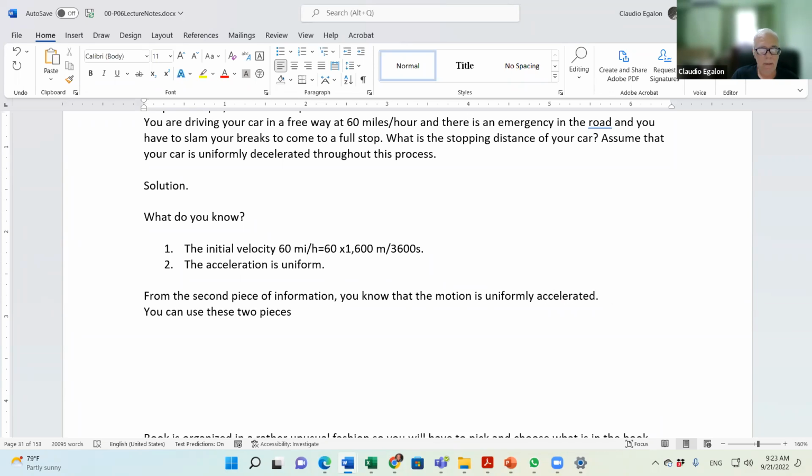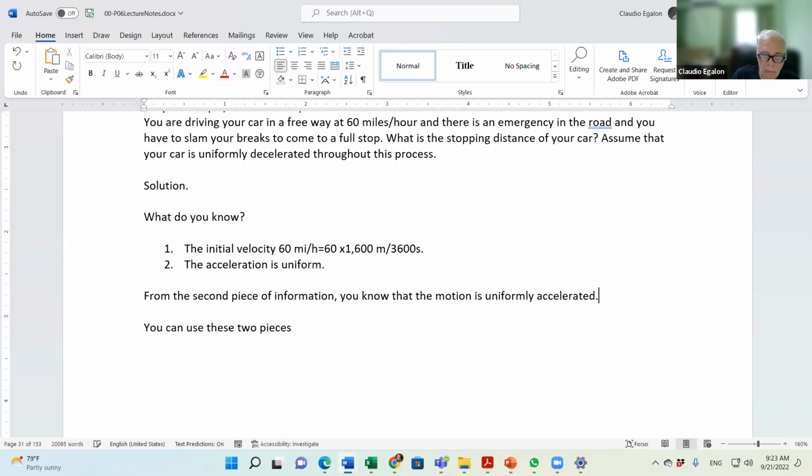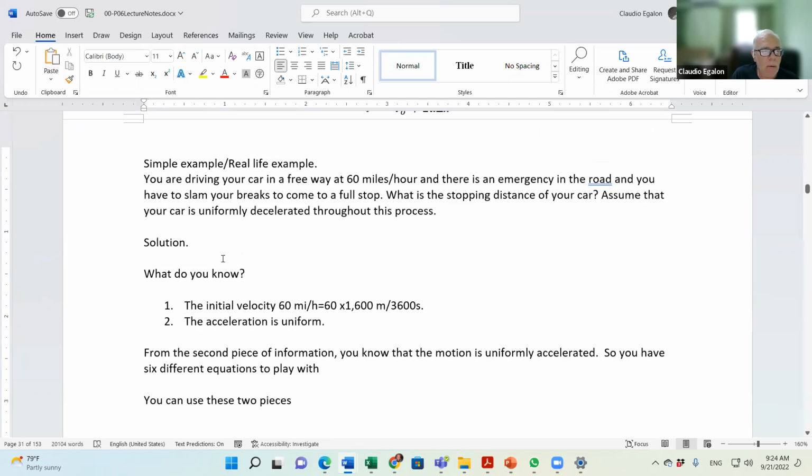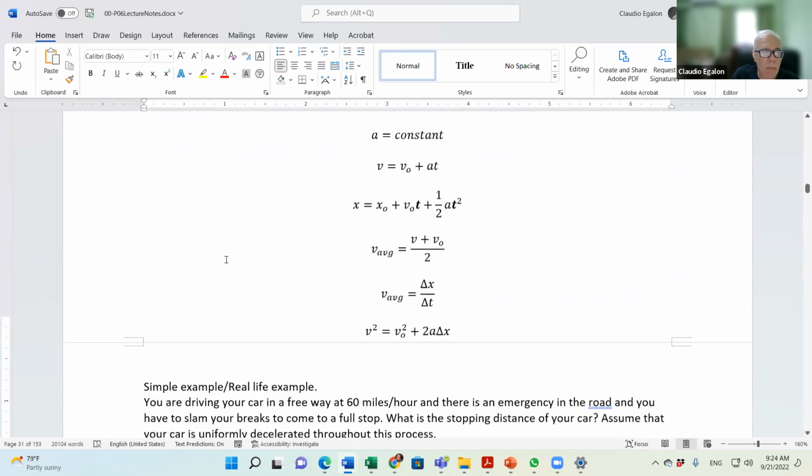Okay. You know that the motion is uniformly accelerated. So you have six different equations to play with. Okay. What else do you have here? There's one more piece of information.